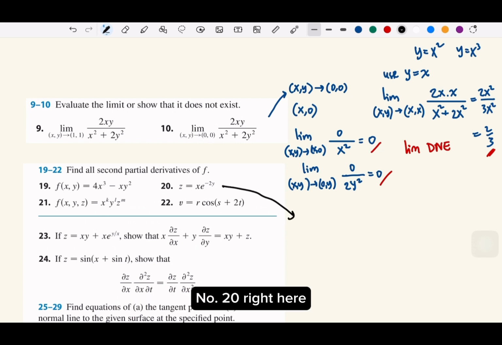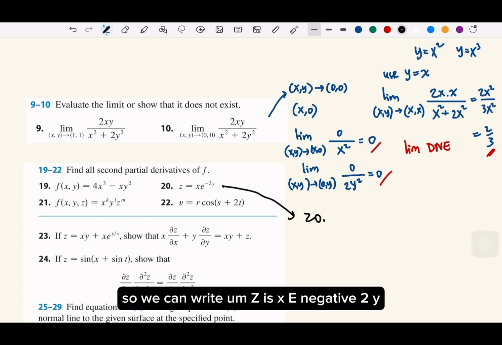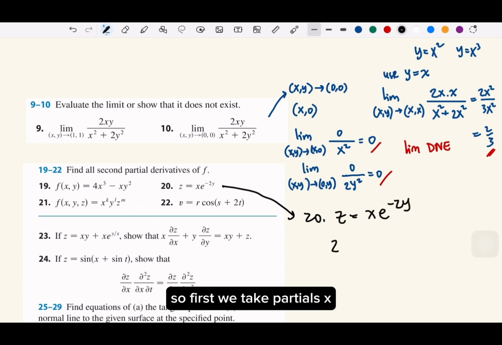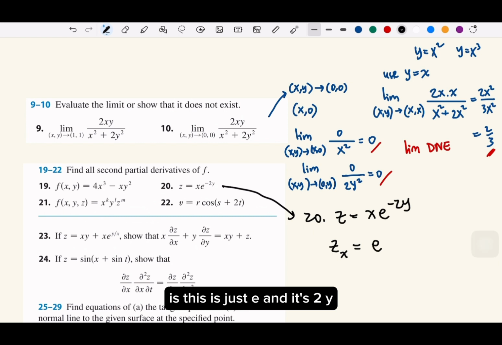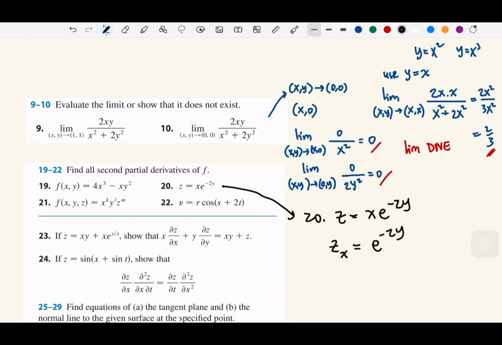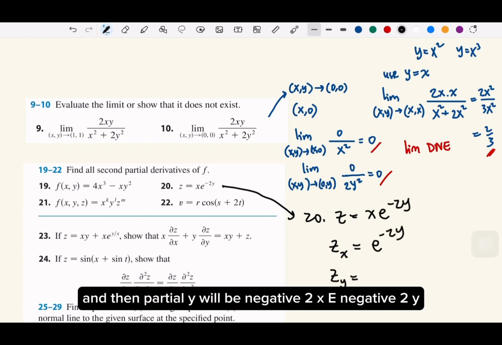Number 20, let me write here. So we can write z is x e negative 2y. So first we take partial x. This is just e negative 2y. And then partial y will be negative 2x e negative 2y, right?